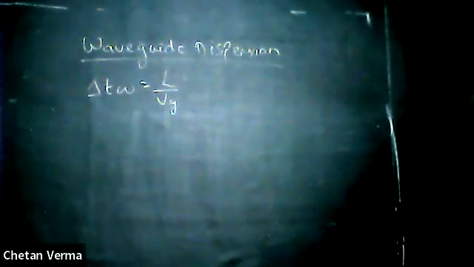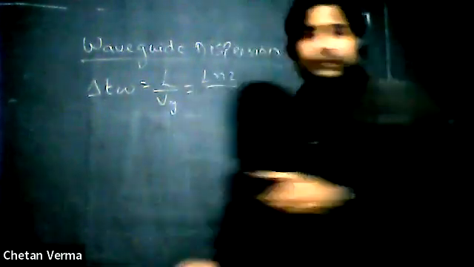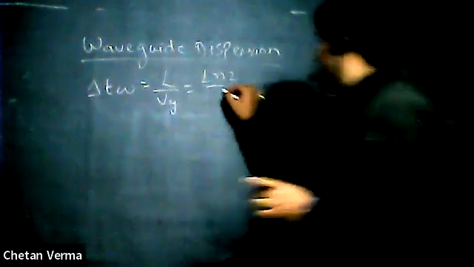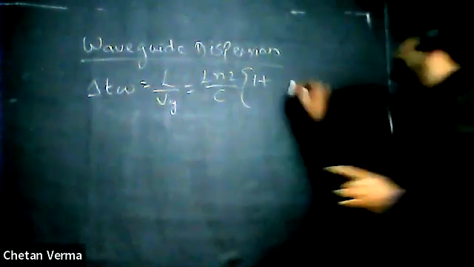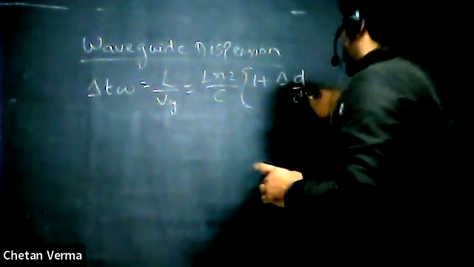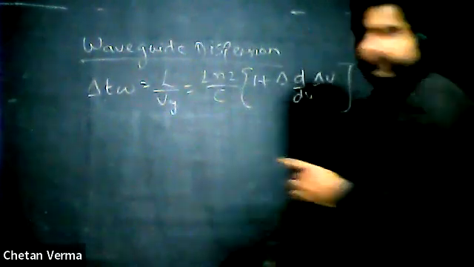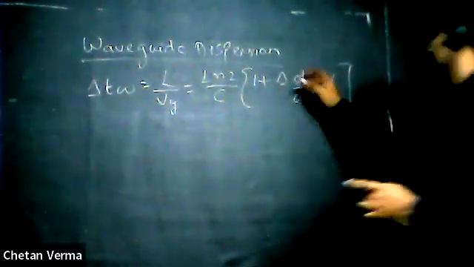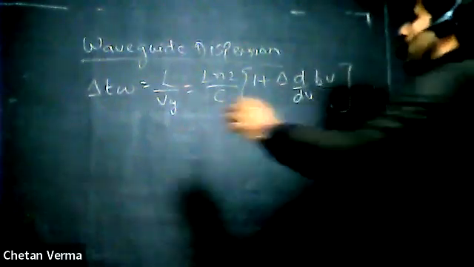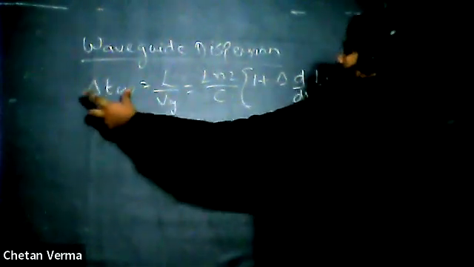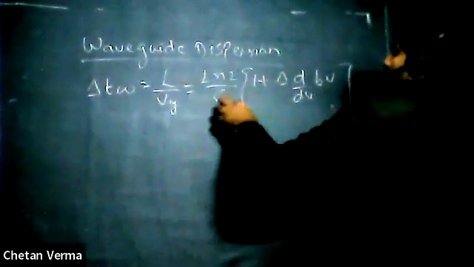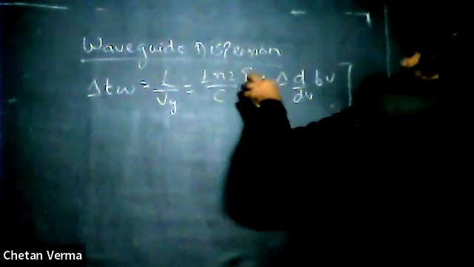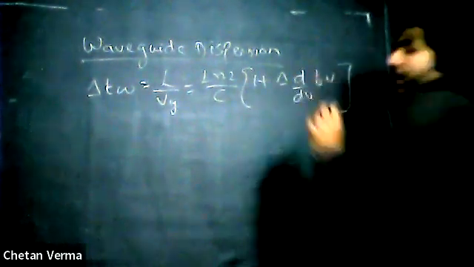This is equal to L n2 by C times (1 plus delta d(Vb) by dV). That is the formula of the broadening of the pulse: waveguide dispersion equals L by Vg equals L n2 by C times (1 plus delta d(Vb) divided by dV).